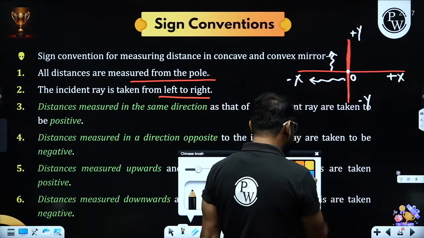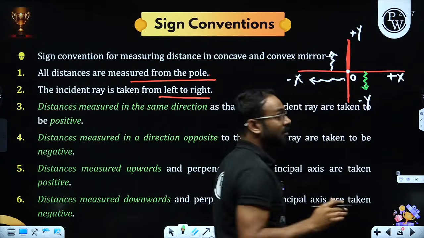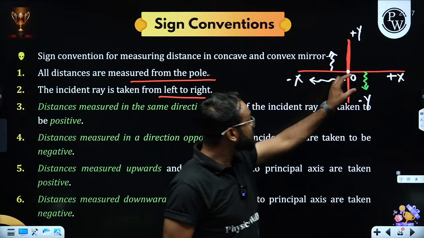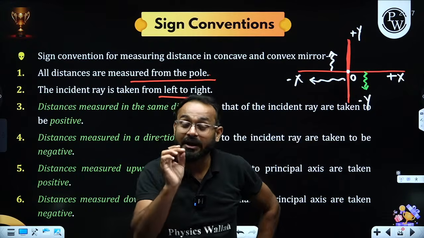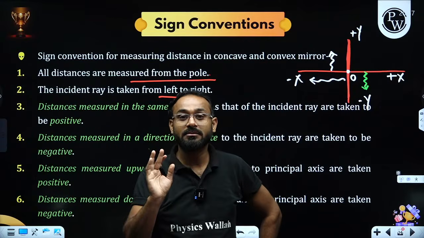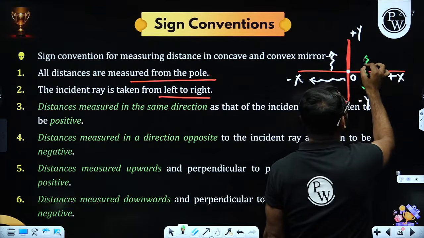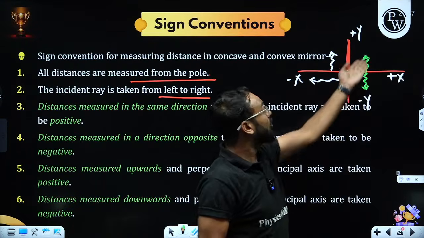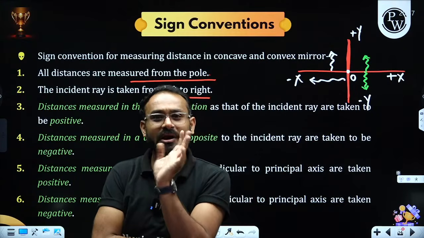If the image is real, that means it is going to be downward, real and inverted. It is on the negative y-axis. So the height of the image for the real inverted case will be negative. For virtual and direct, it will be positive because it is along the positive y-axis. It was that easy.